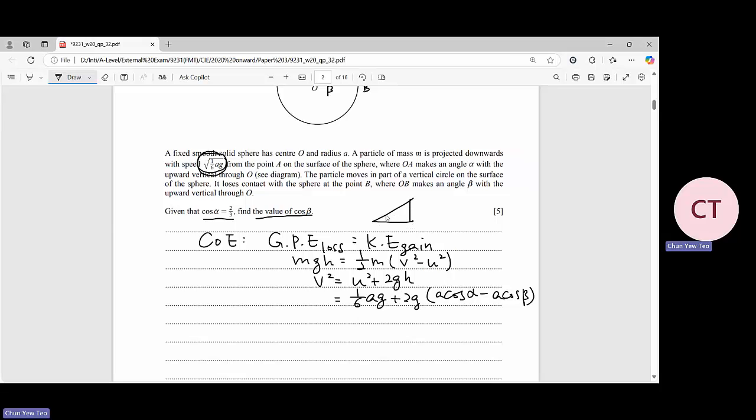So we can build a small right angle triangle here. This is a 2, this is a 3. From the Pythagoras theorem, this will be square root of 9 minus 4, that will be square root of 5. So it will be 1/6 ag minus a 2g, cos alpha is 2/3.